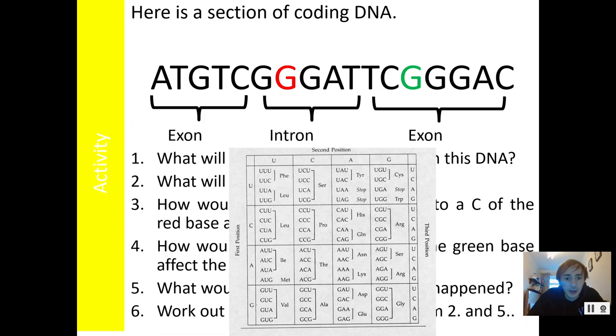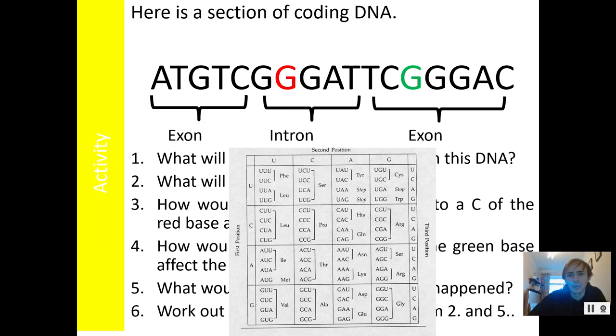We're looking at a UAC for a start, which would be tyrosine, followed by an AGA, which should be arginine, ARG. Then we're looking at GCC, so we're looking at an alanine. And then we are looking at a CUG, which is going to be leucine.